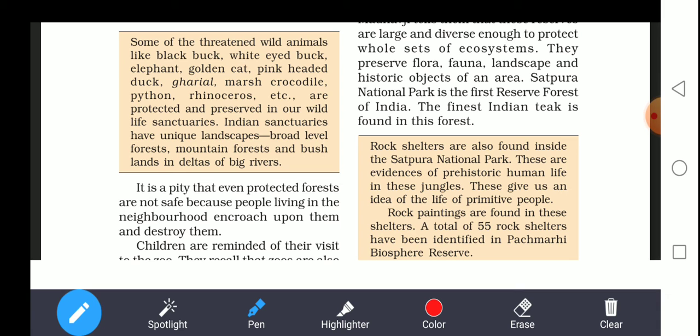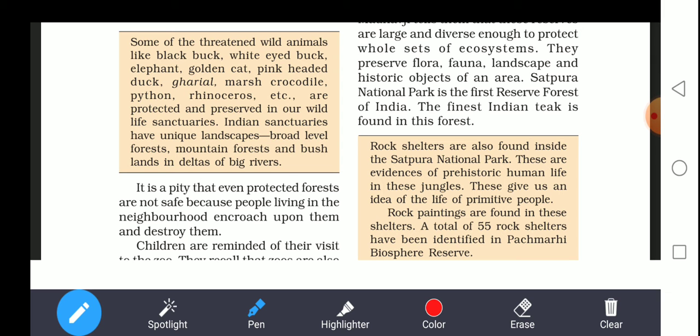These are the evidence of prehistoric human life in these jungles. If you see those caves, you will find that in the early man times, people used to live in such caves. So rock shelters are found where people used to live in earlier days.